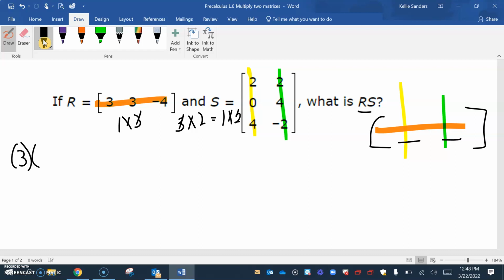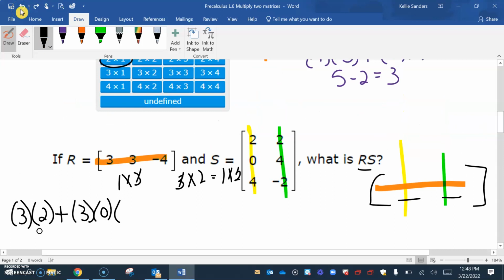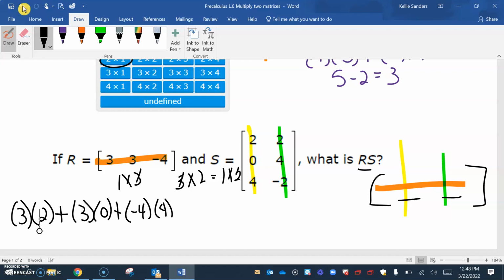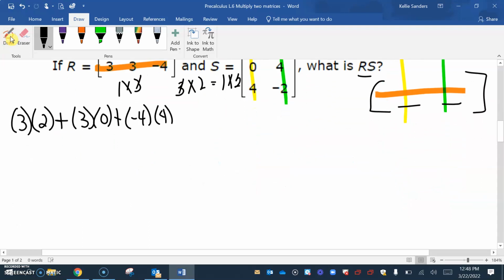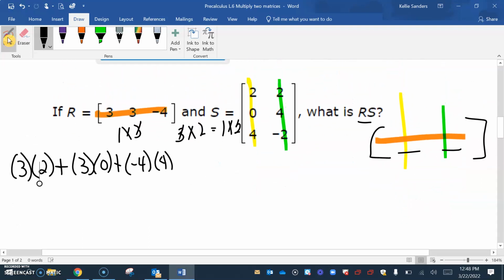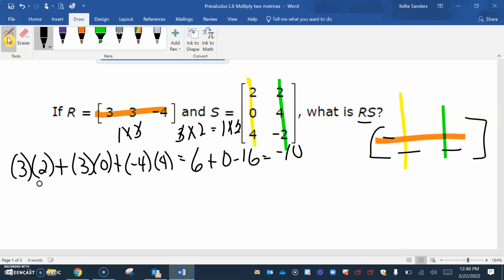So 3 times 2 plus 3 times 0, plus -4 times 4. Do the math. And that's going to be 6 plus 0 minus 16 is -10. So -10 goes right there.